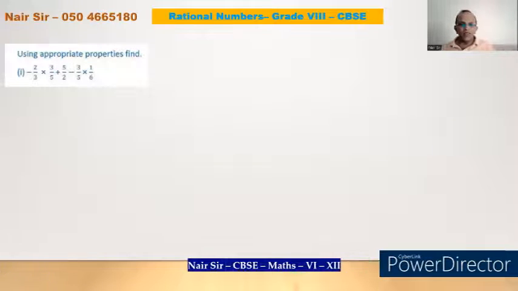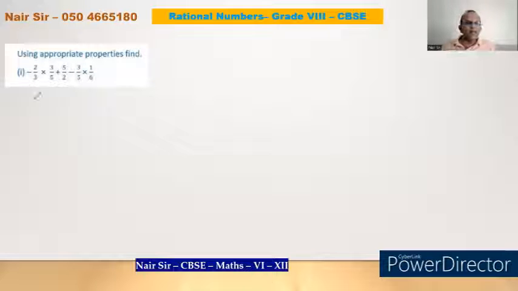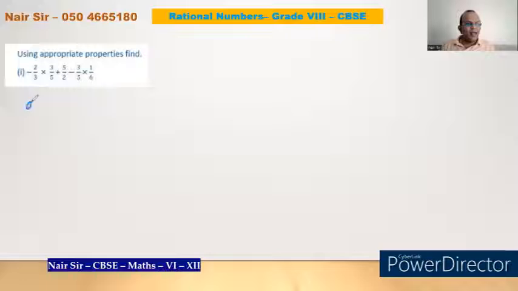Now, if you look at this question, let me write A into B plus C minus A, sorry, B by 5, B into B. Sir, I've got the answer now.